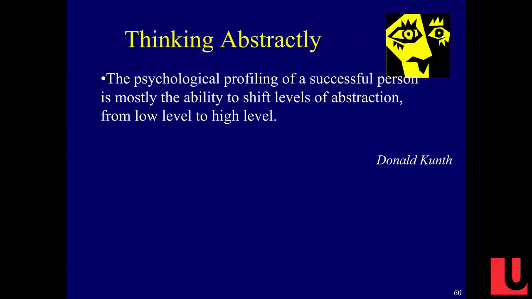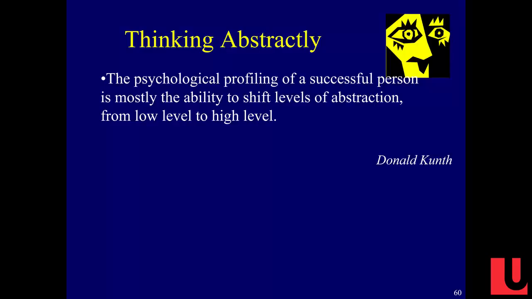All right, so what are we doing here? Oh, so Donald Knuth, you may know him. He writes great math. And he says that there are different levels of abstraction at which you can think about any topic.